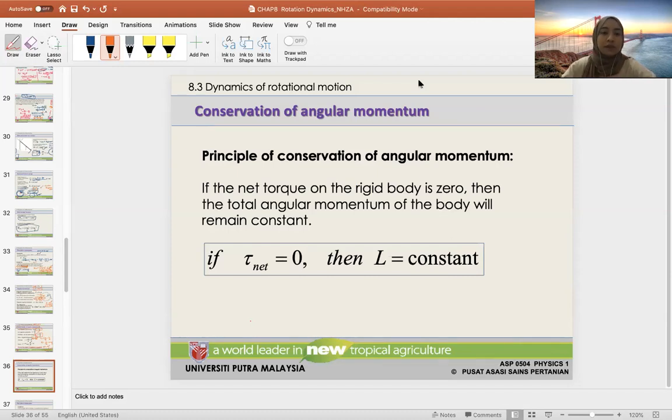Now, the principle of conservation of angular momentum is interesting because this is where I like the most. Let me show you, sorry, YouTube. Figure skating, angular momentum. Okay, can you guys see this? Oh, I haven't shared yet. Share screen.